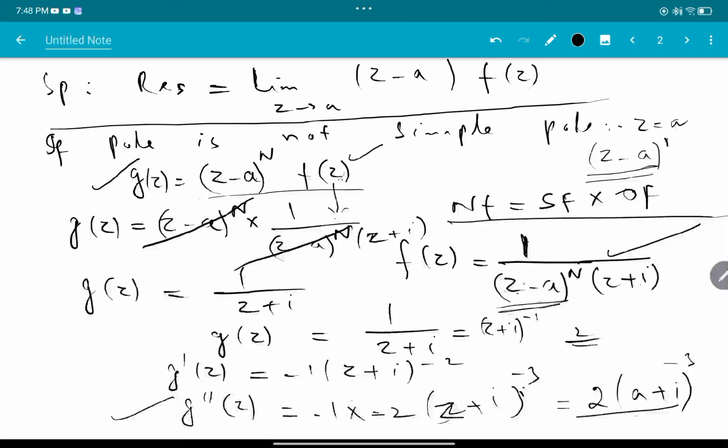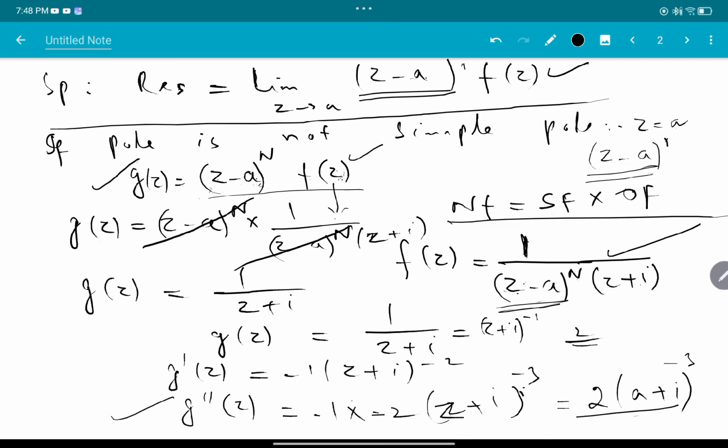You are multiplying f(z) by z minus a. In both cases, you are multiplying f(z) by the singularity factor. There, the singularity factor is power 1. Here, the singularity factor is power n. That's all. That is what I said: the new function is the singularity factor times the old function.